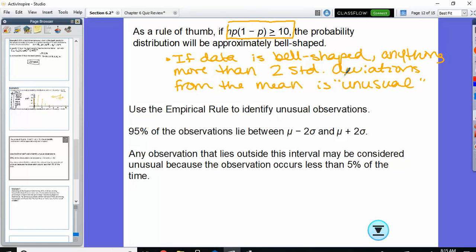Again, we know to find unusual, you could really just find the probability and see if it's less than 5%, but this just kind of gives us a threshold.